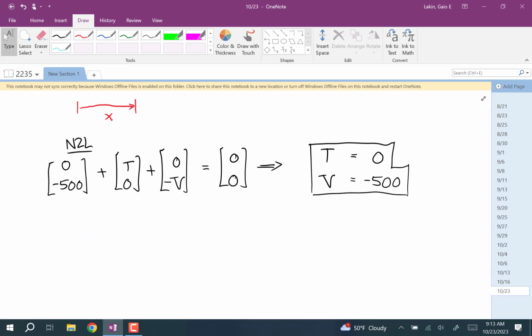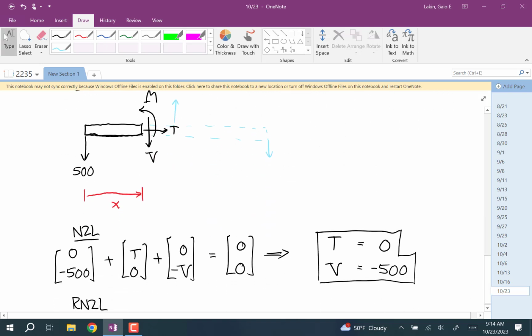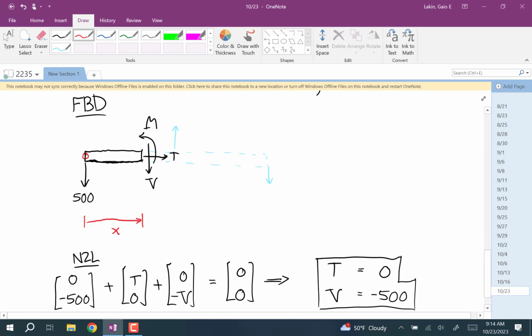Now let's do the moment equation. This is going to be my about point. Always, this is going to be my about point, so just get used to using that. Does that 500 produce a moment around that about point? No. Does the T produce a moment?